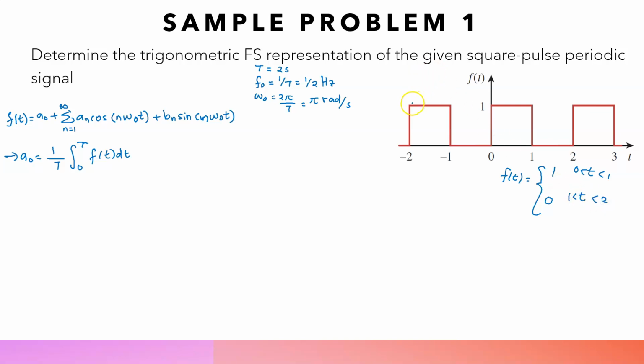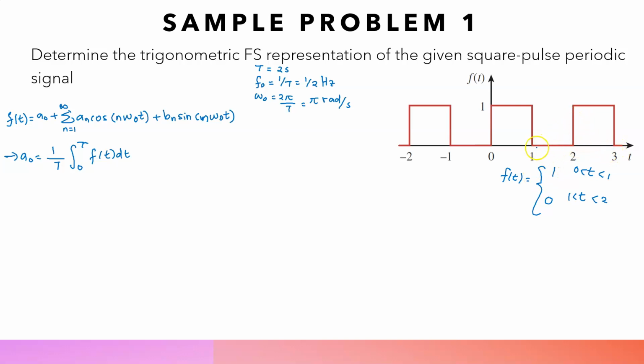You can take another period, let's say from minus 2 to 0, but you will still get the same definition, where f of t is 1 between minus 2 and minus 1 and 0 between minus 1 and 0. You can take whichever period, or let's say from 1 to 3 seconds. It's up to you.